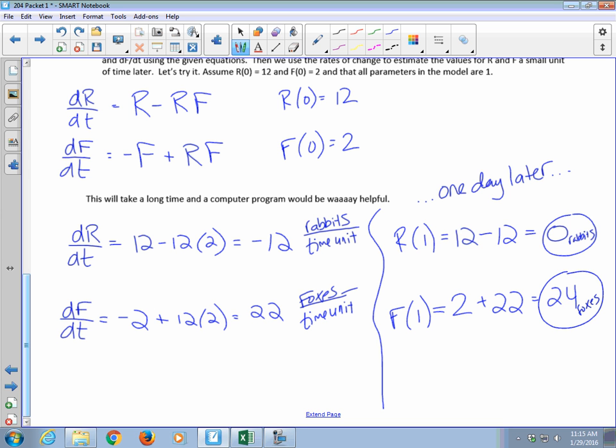Yeah, rabbits are done. Once you hit 0, they can't recover. And then the foxes are going to be done pretty soon because they have no rabbits to eat. Yeah, you're typically given initial conditions, but sometimes we investigate lots of different initial conditions and figure out, are there initial conditions that would lead to an equilibrium, or are there initial conditions that make both species go extinct?